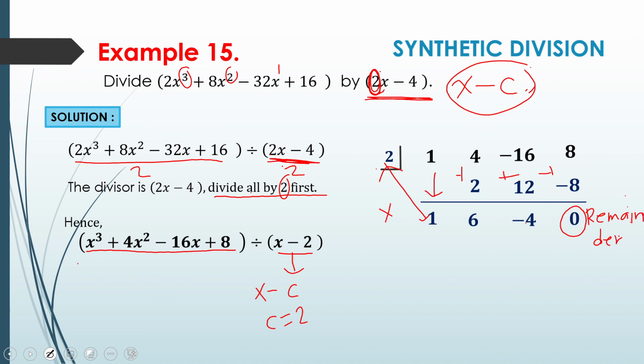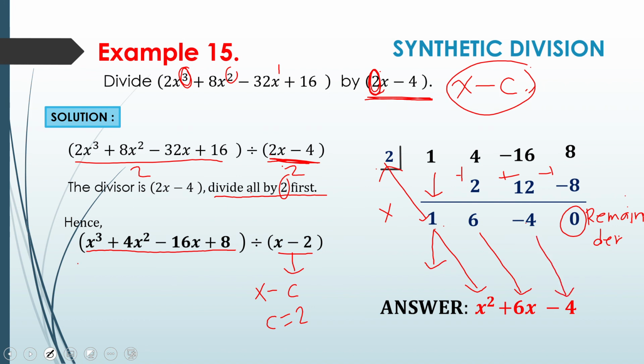Remainder. So if you look at your given, the highest power is 3. Therefore, your answer will start with the power x power 2. So that's why x power 2, 6x and then your constant and no remainder.